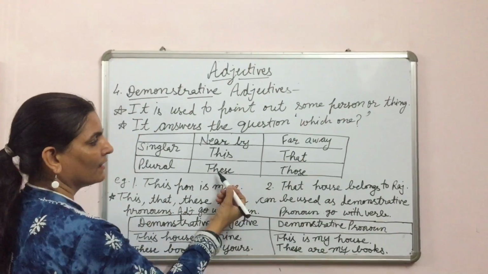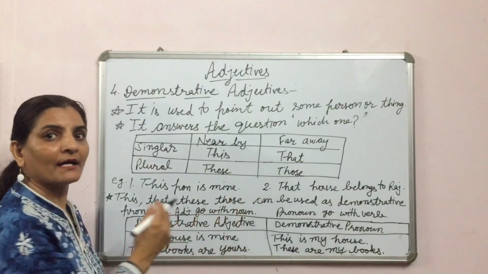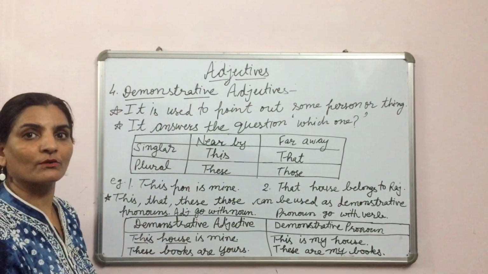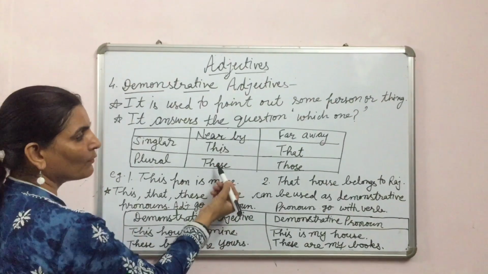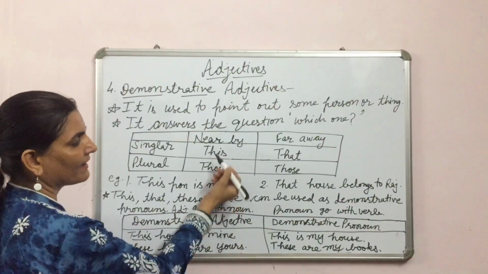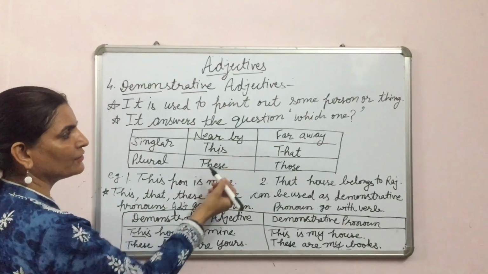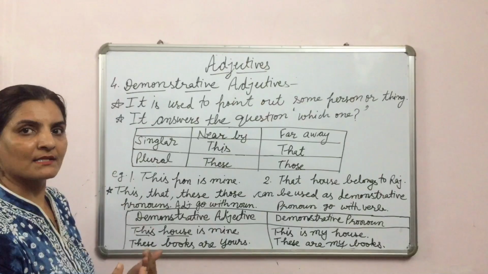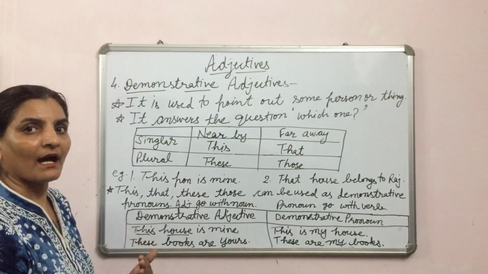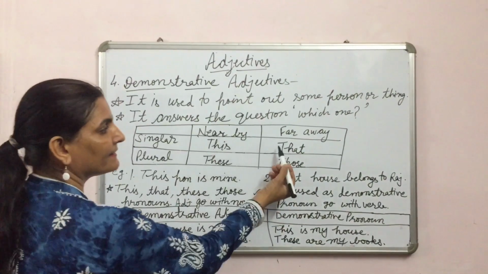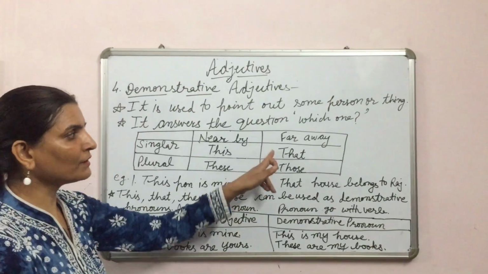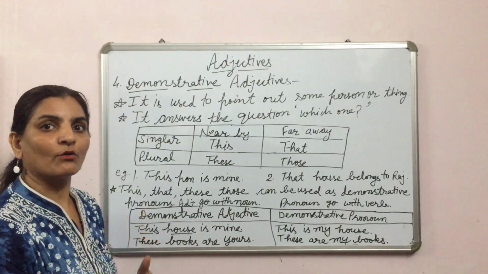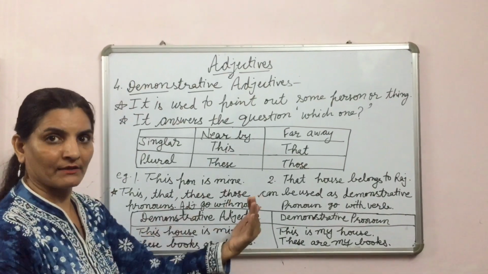These and those are used to point out plural persons or things. One more thing, this and these both are used to point out the persons or things that are nearby. And that and those both are used to point out the things or persons that are far away.